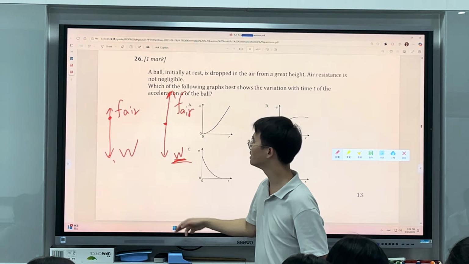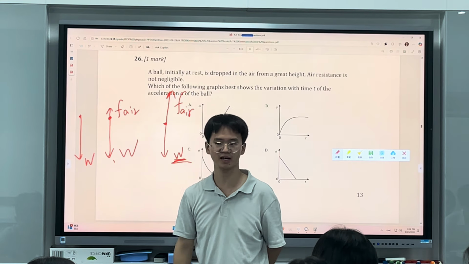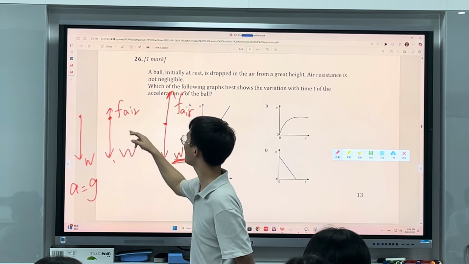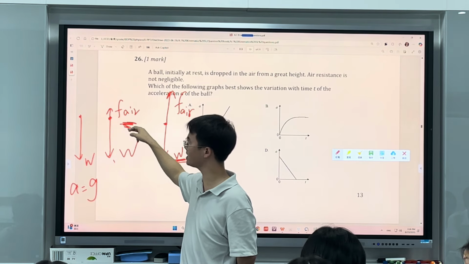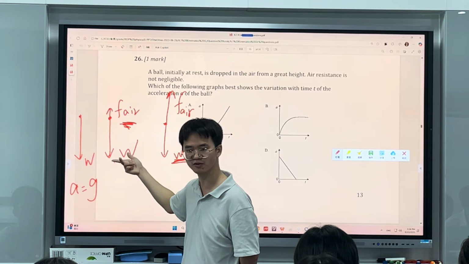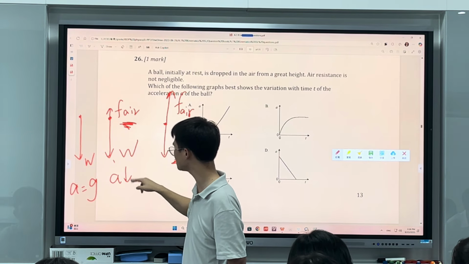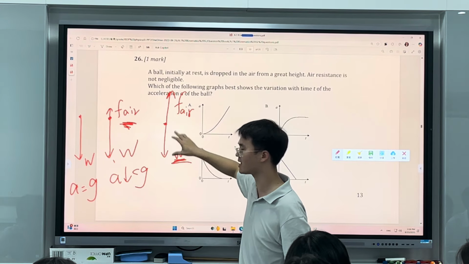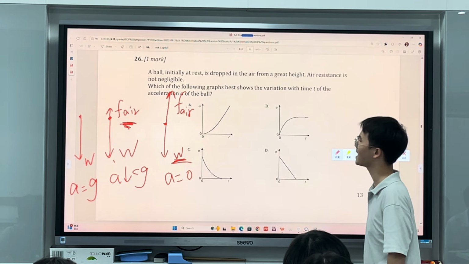So the acceleration at the very beginning, when there's pure gravity, is a equal to g, right? As the air resistance increases, it will balance out the weight little by little. So the net force is decreasing, right? If the net force is decreasing, the acceleration would also decrease, so smaller than g. Eventually, when there's no net force at all, acceleration is 0. So what is the acceleration-time graph?